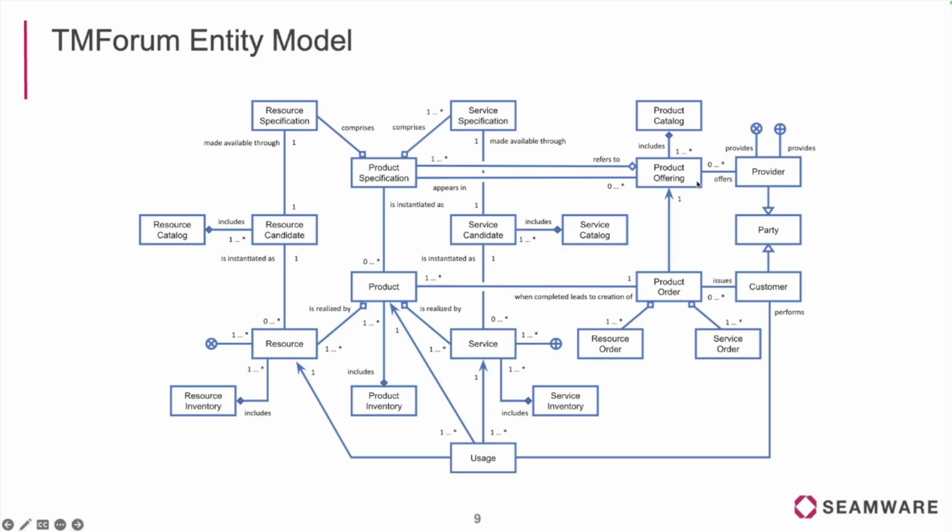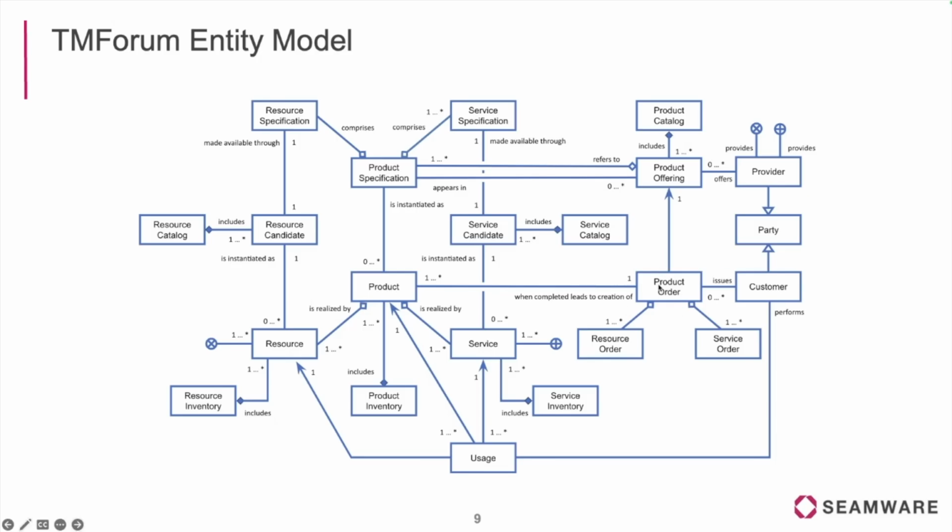Or if the product offering has multiple pricing plans, the price plan selected by the customer is also information that is part of the product order. The product order is what the provider is going to process in order to procure the services, instantiate the resources, instantiate the services, and process everything that needs to be processed so the customer has actual access to whatever he has bought.